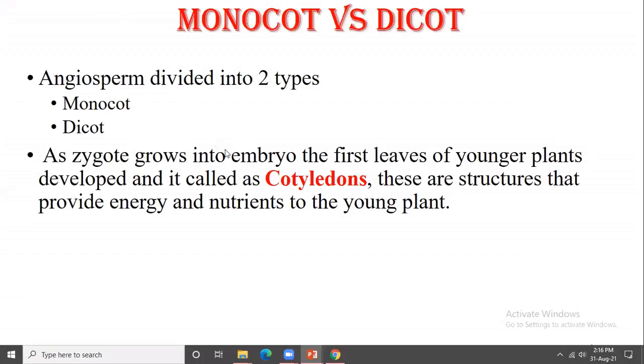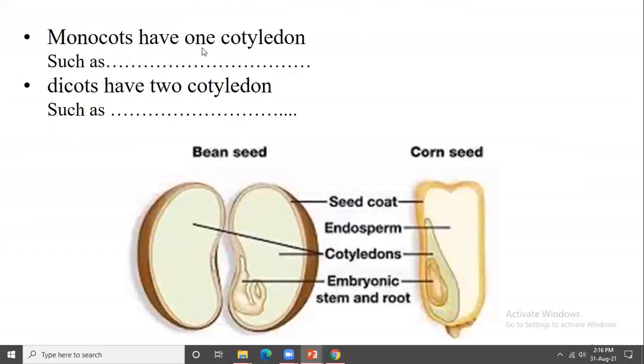Okay, then monocot has one cotyledon and dicot has two. Monocots are mostly maize and cereal types, and dicots are other types, and there are a lot of items in dicot and under monocot also.